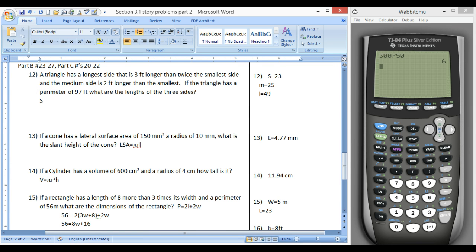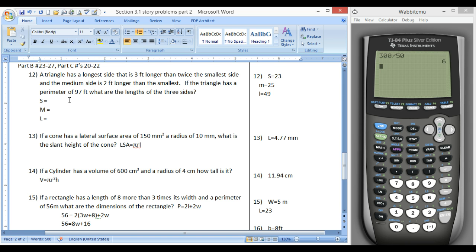I'm going to go ahead and put S for small, M for medium, and L for largest or longest. Now, I don't know anything about the smallest side, except that the large and the medium are both referring to it. But it didn't give me anything to translate, so that tells me that the smallest side is going to be my variable.